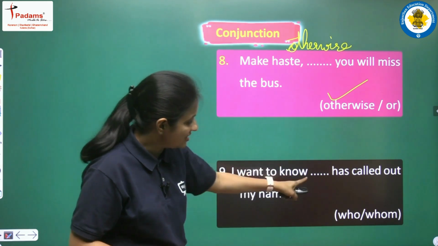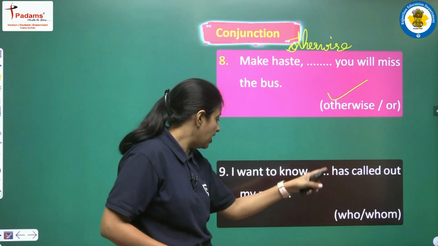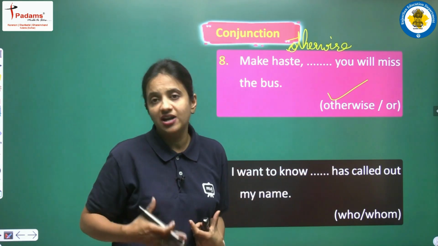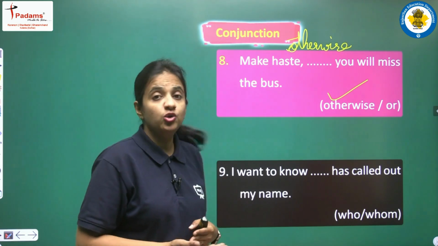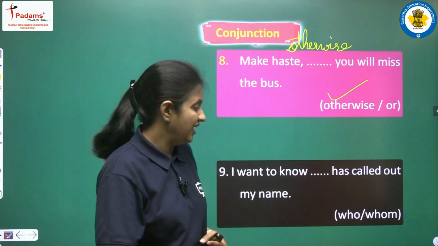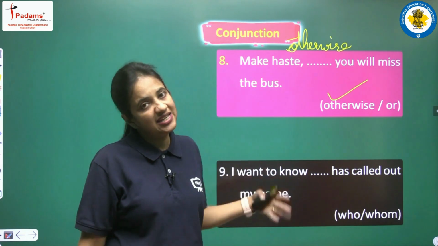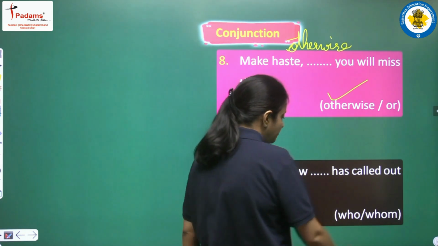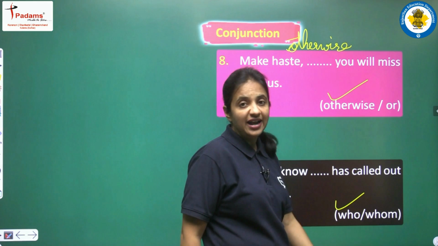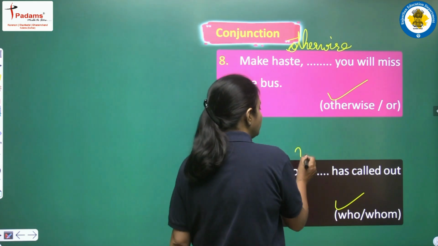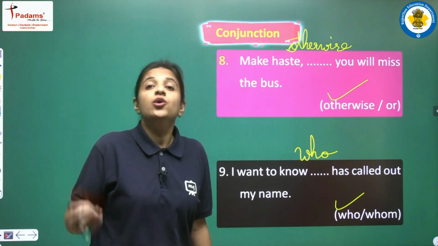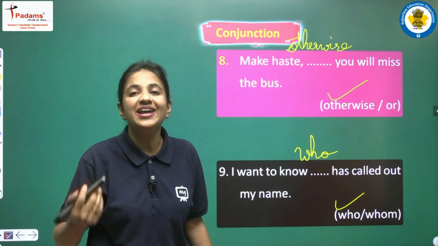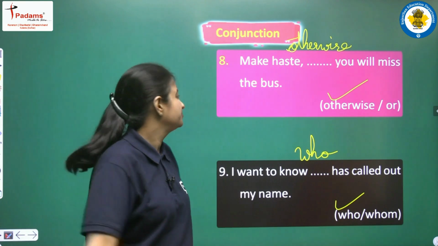I want to know this thing that has called out my name. So someone called out my name, and now I am saying that I actually want to know who called my name. So from the given options, very easily we can choose the correct option, that is who. In this blank we will write who, and the sentence will be: I want to know who has called out my name.